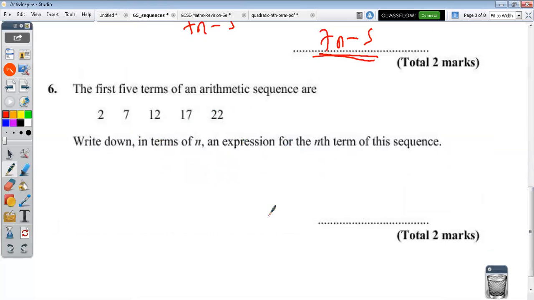Now let's do the next one. Find the nth term there on number 6. 30 seconds.